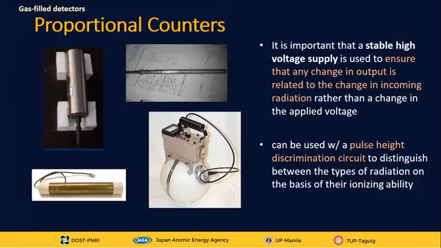Since this type of detector reacts differently to different energies, they are able to tell which source of radiation they come in contact with. And with a proper pulse-size discrimination circuit, they are able to distinguish between the types of ionizing radiation on the basis of their ionizing ability or the number of charges that are produced.